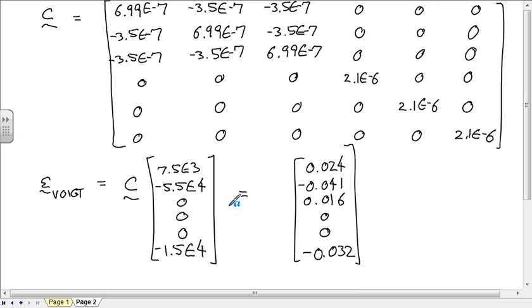Even though we're not applying any stress in the Z direction, you can think of it as we're getting a net expansion in the Z direction that comes from these other normal stresses.